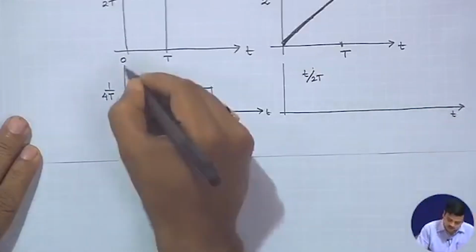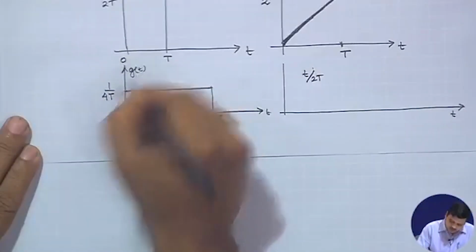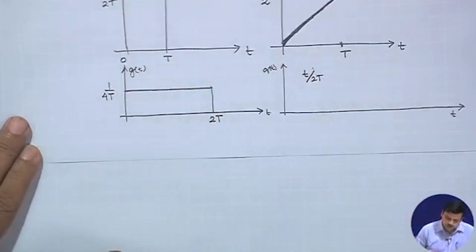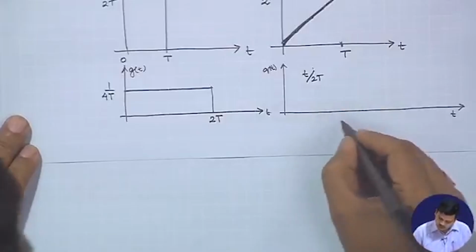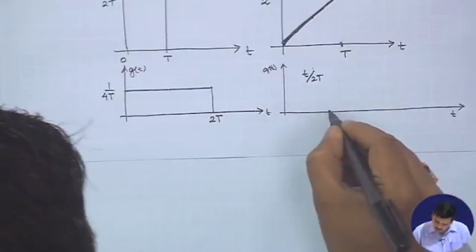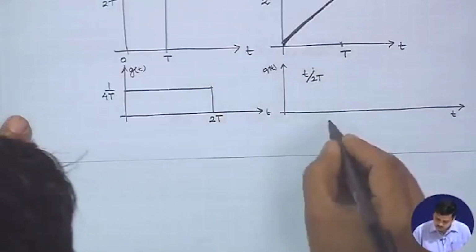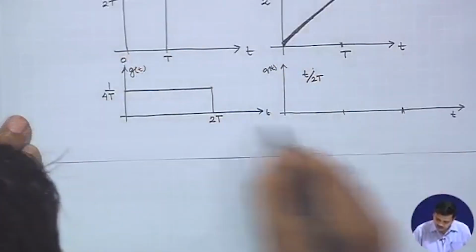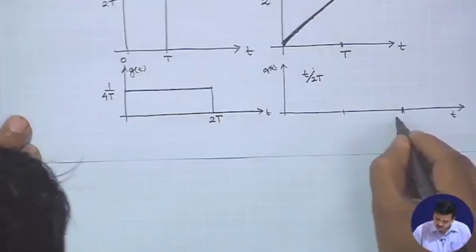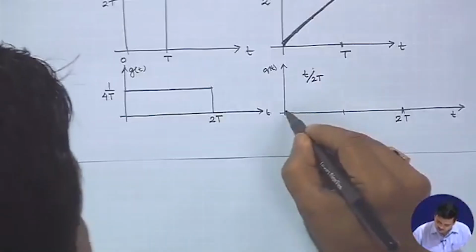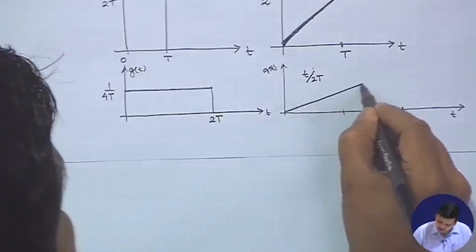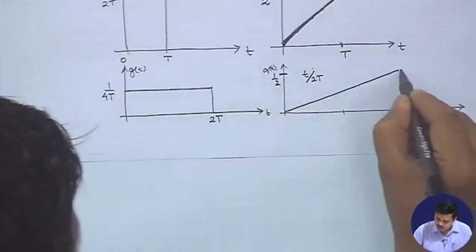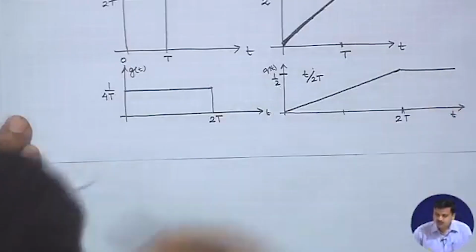So, this is T, this is of course our g(t), and this is of course q(t). In that case, maybe there is a small difference in scale between the left hand side and the right hand side picture, but we will at least have these two scales the same. Till 2T, you are going to have a value reaching half, and then it continues.